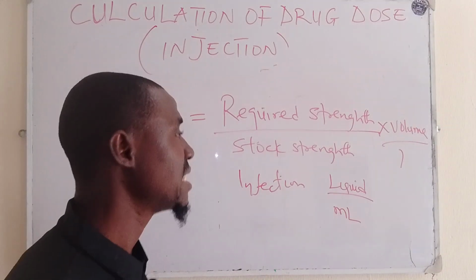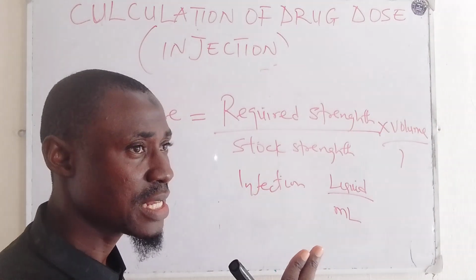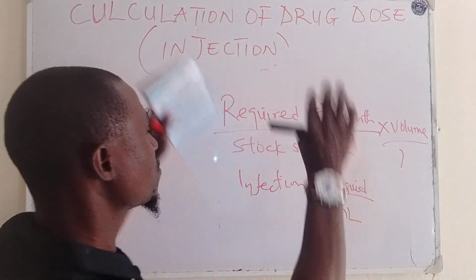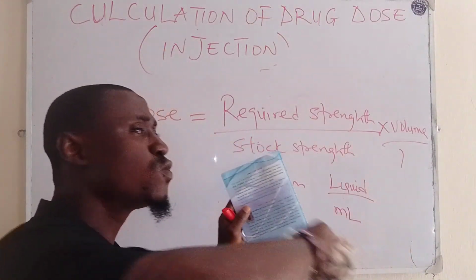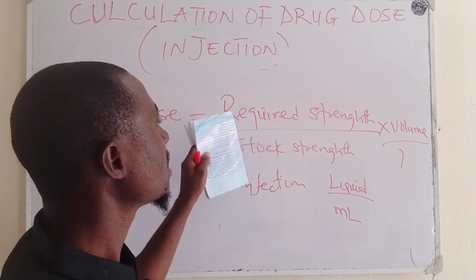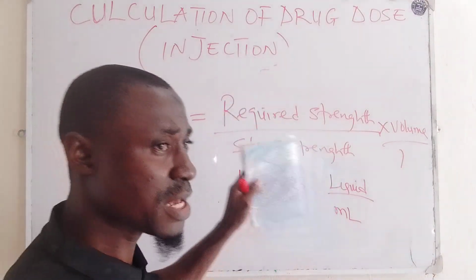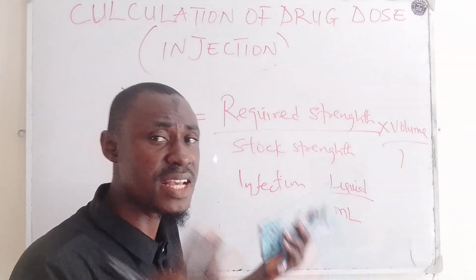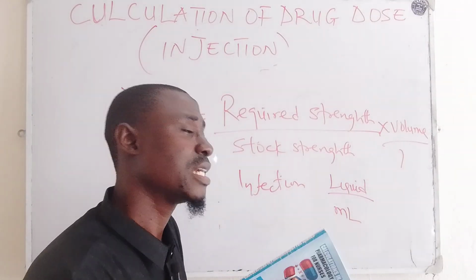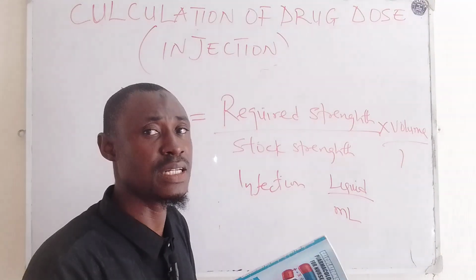So that is why I said it involves 2 steps, and also there are those ones that involve 1 step. If it's 1 step, you use this formula directly without going through those 6 rules. Then if you are using those 6 rules, any of them, based on your information. If you are using weight, maybe you have weighed the child, from the weight you can use the Hamburger's rule, or you can use the Clark's rule.